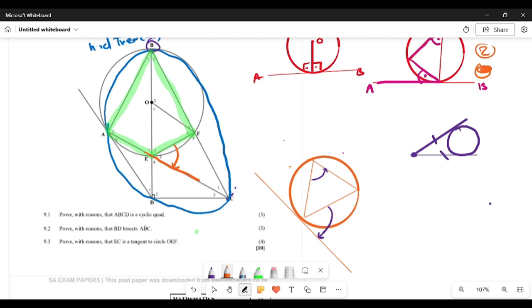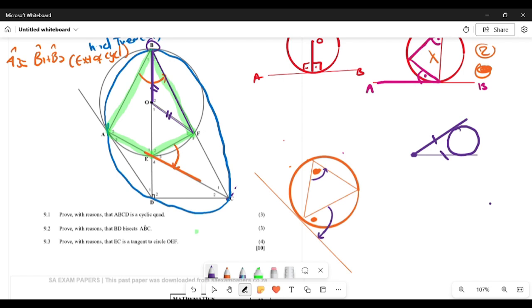Now I want you to look at something. Let's have a look at this triangle here. Can we agree that OB is going to be equal to OF? So let me first write down what I wrote. I wrote E3 is equal to B1 plus B2 because this is an exterior angle of a cyclic quad. So now, in triangle OBF, which I've just highlighted in purple, I know that OB is equal to OF, radii.